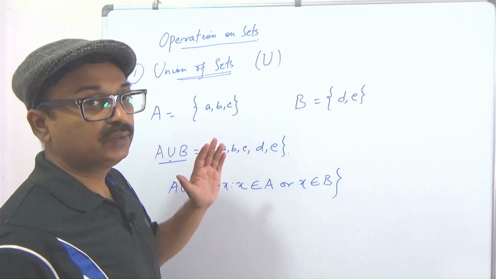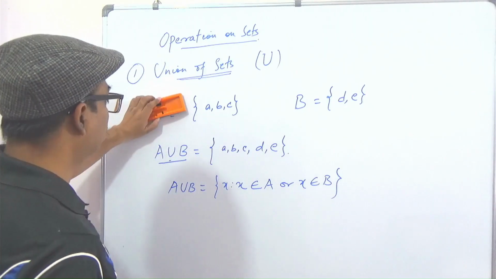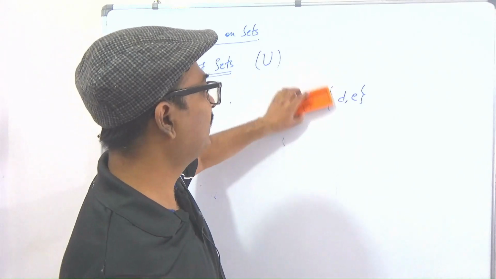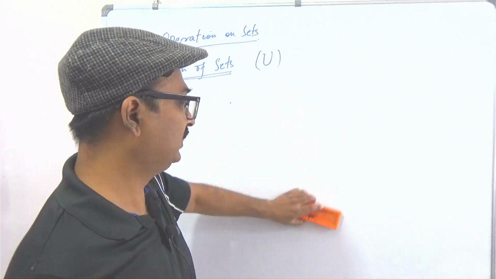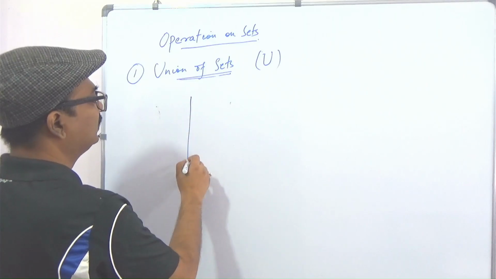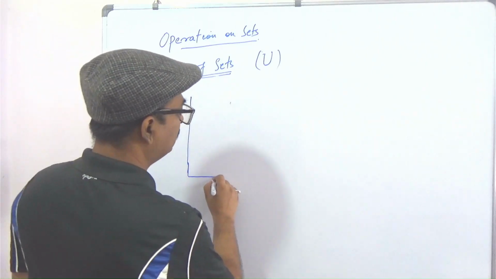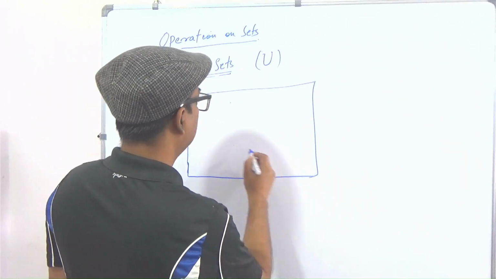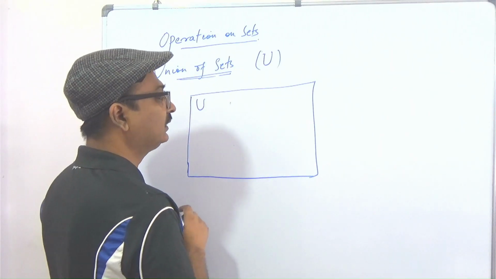You are well aware of this. Let's see this example, A union B, where A is {a, b, c} and B is {d, e}, through a Venn diagram. This is U, the universal set.